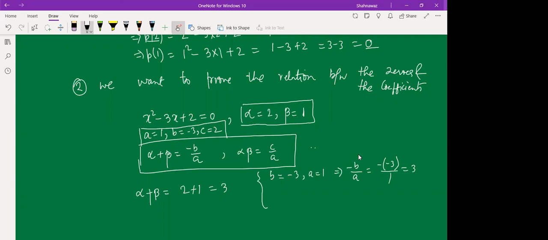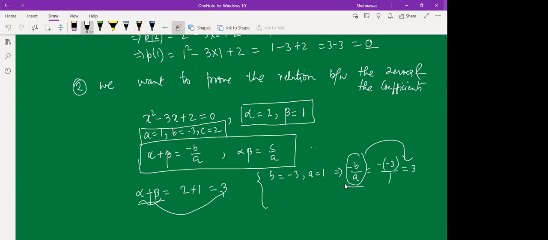So minus b by a equals 3, and alpha plus beta equals 3. So alpha plus beta is minus b by a. You have proven that the sum of the zeros is equal to minus b by a. This part is proved.